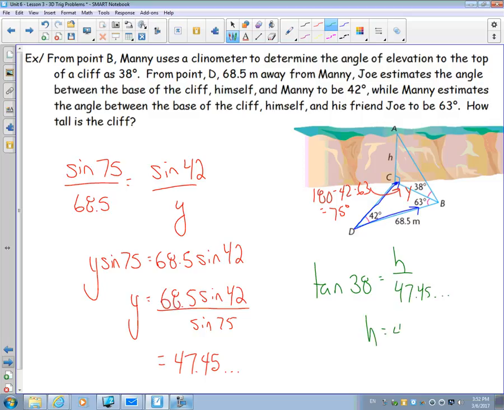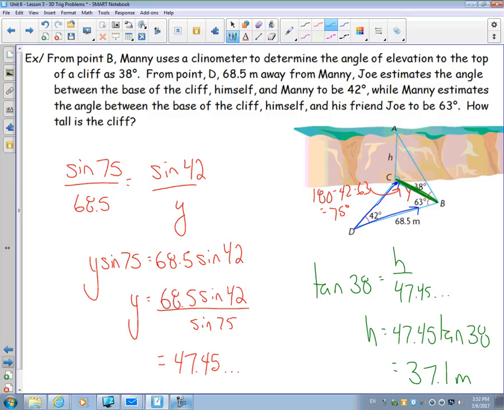We'll cross multiply. We'll plug that into our calculator, and I already have the exact answer for the previous thing in my calculator, so just times it by tan 38, and I end up with the cliff being 37.1 meters tall to 3 sig figs. Again, the important thing was this shared side, and recognizing that if I can find that, I can use that to help me further in this question.